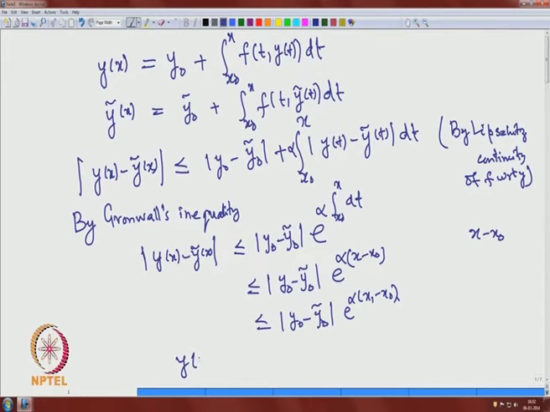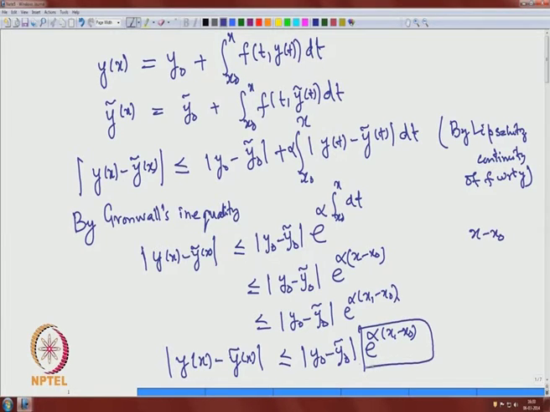So, what does it say? It says that the absolute value of y of x minus y tilde of x is less than or equal to the absolute value of y0 minus y0 tilde times e to the power alpha times x1 minus x0, which is a finite quantity. So, for every small change in y0, if the difference between y0 and y0 tilde is small, then the corresponding difference between y of x and y tilde of x is also small.